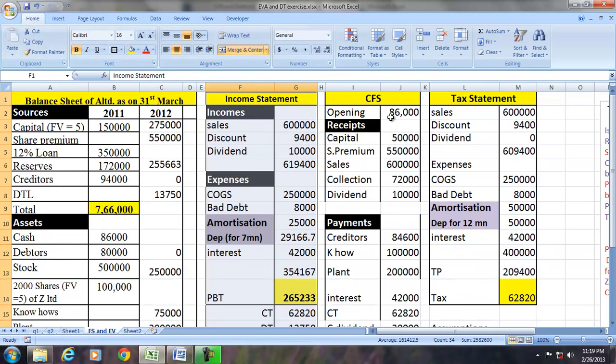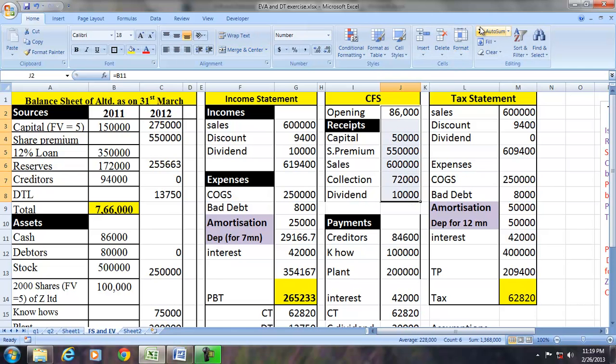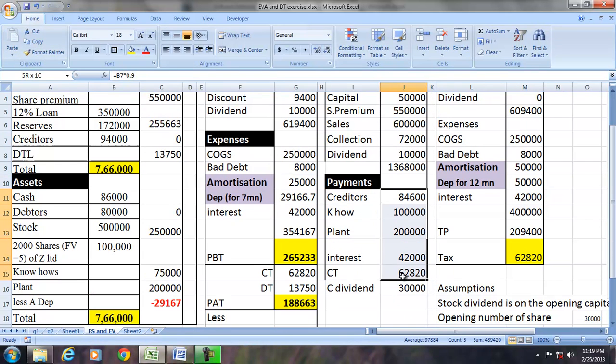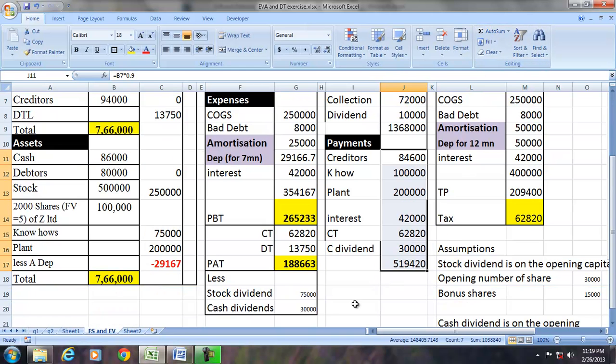and we will now find the cash in hand. So cash in hand will be equal to cash available minus the cash payments, and cash payments is 519,000.